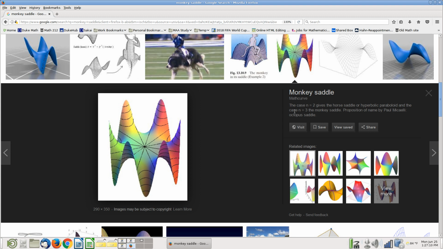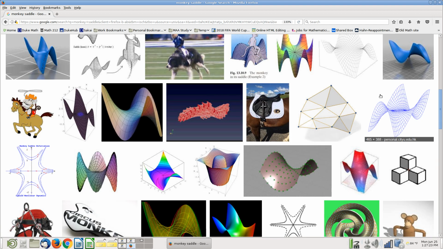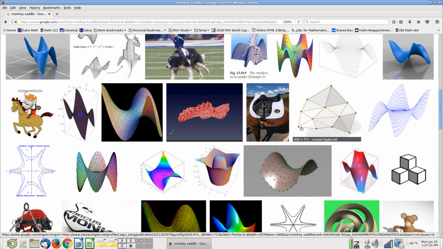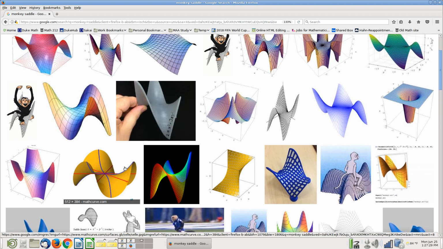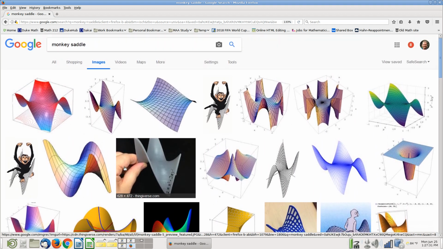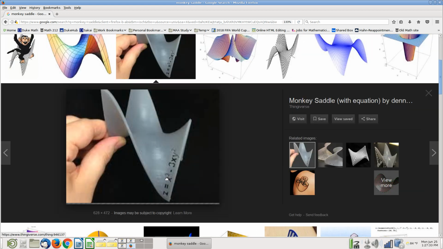So I guess you could say that's an insect saddle, because it has 6 down slopes. All sorts of weirdness exists in 3-space. There's just no 2-dimensional versions of these things. Okay, somebody 3D printed one. That's pretty cool.